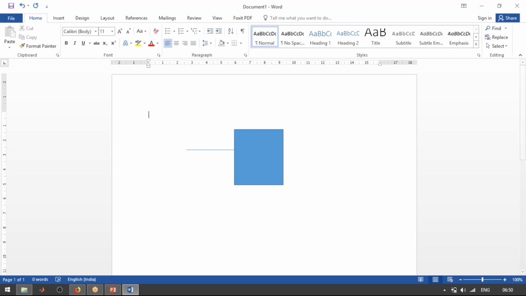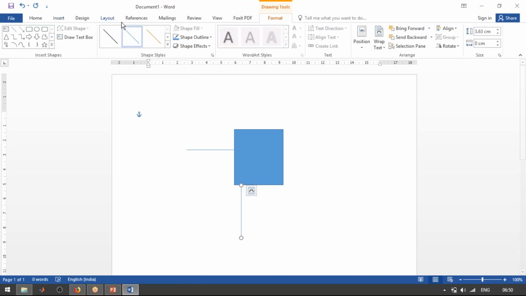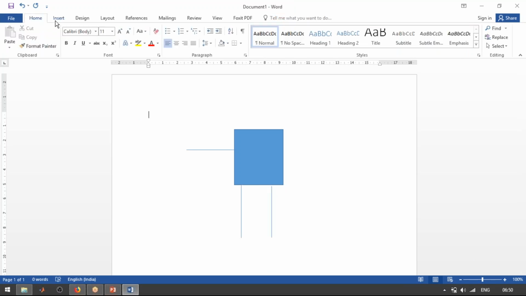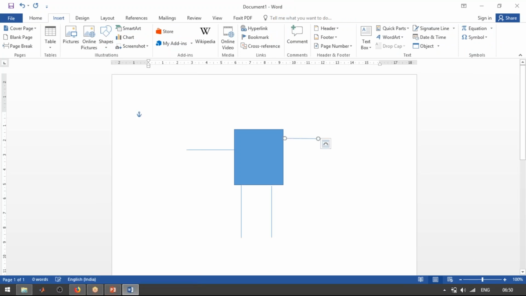So this is one input, either I1, I2, or anyone. And if it is a 1x4 demultiplexer, then I am having two selection lines and four outputs.